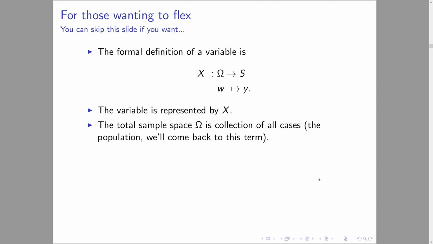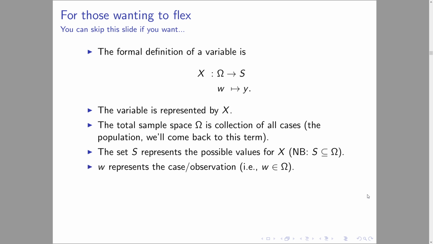It's effectively all the possible rows you could have in a given situation, and that's often termed population, and we'll come back to what this term means in just a moment. The variable S represents the set for all the possible values that big X can take, so it's effectively all the possible values the statistical variable can take. And as a note, the set S is a subset of the total sample space omega.